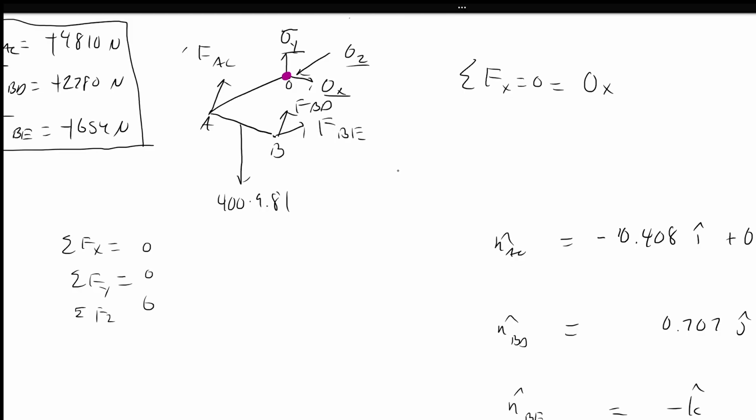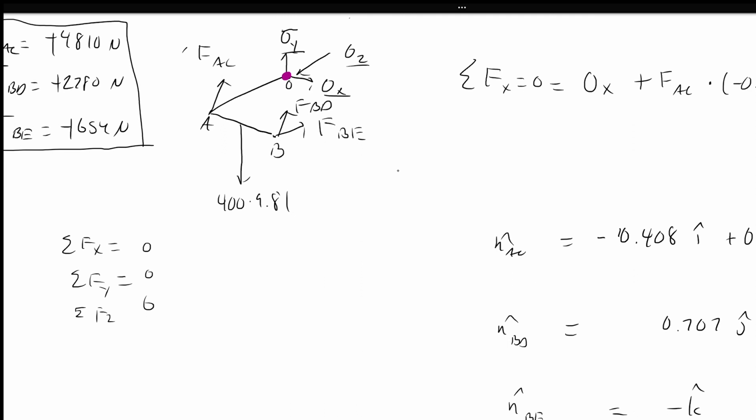This force doesn't have an x component, it only has a y component. So F_BE, no x component, right? Nothing. Same thing for BD. So the only x component we have is going to be plus the magnitude F_AC times minus 0.408, and that's all going to be equal to 0.